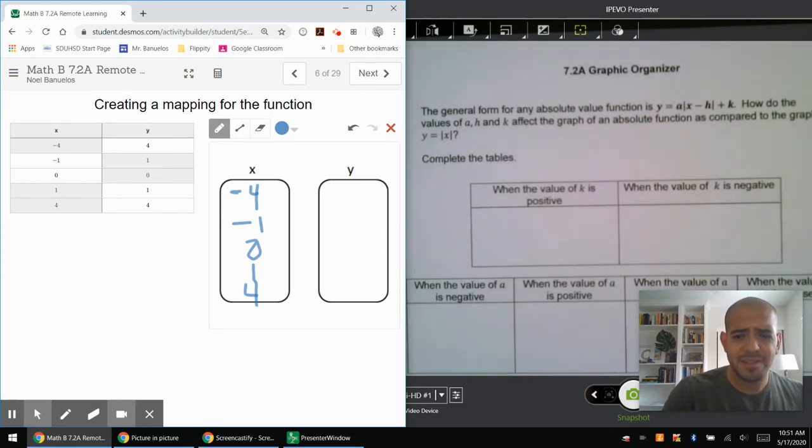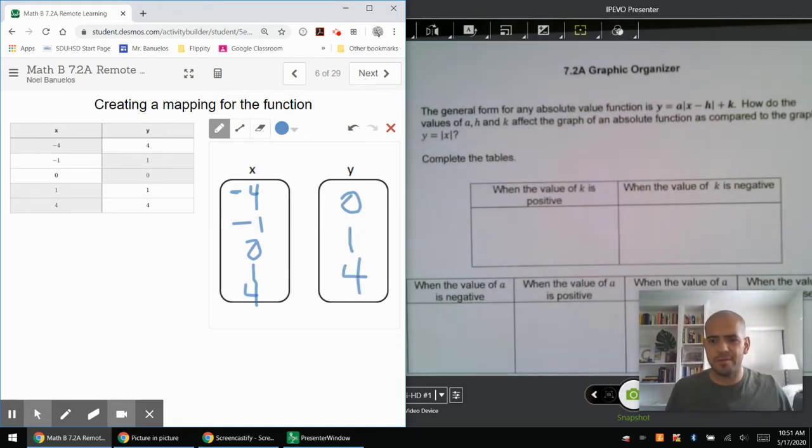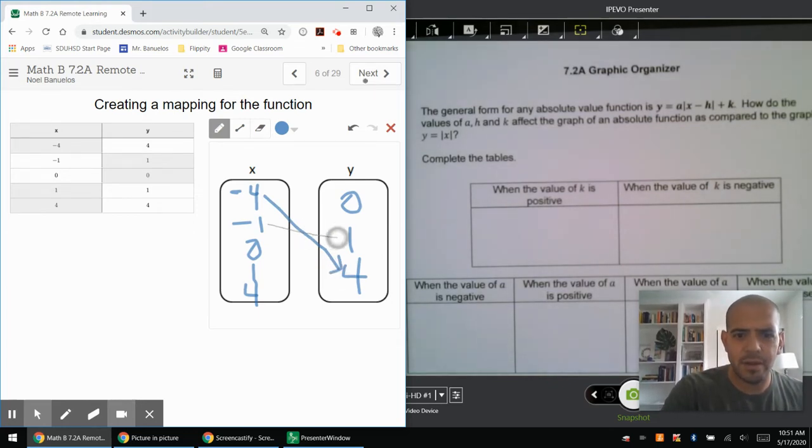I'll put it in order from least to greatest. So first it's 0, and then 1, and then 4. The reason I'm not putting 2 ones is you only put it once. You already learned this in the previous lessons. So -4 goes to 4. -1 goes to 1.